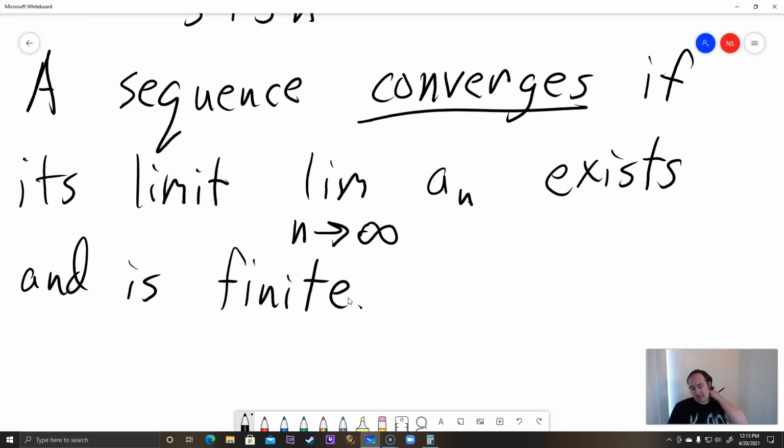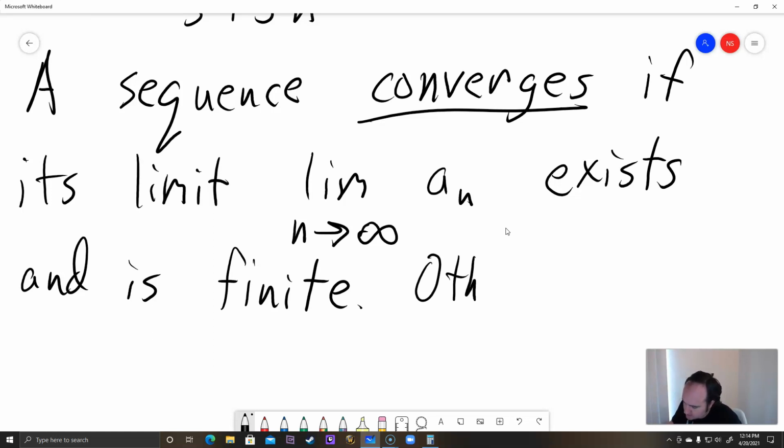And it has to exist, which means you have to be able to find the limit.